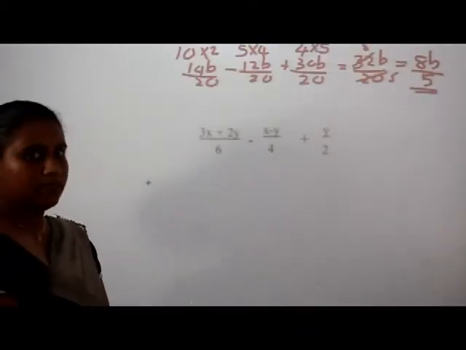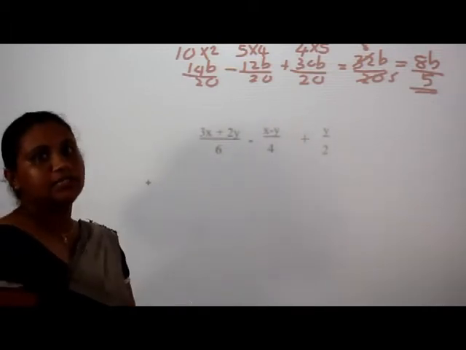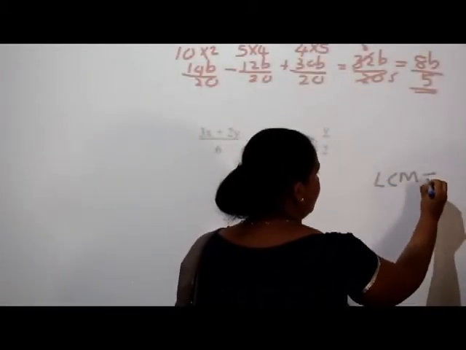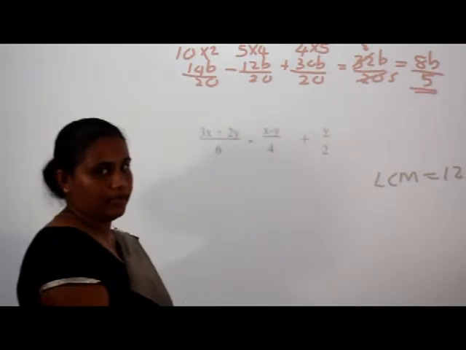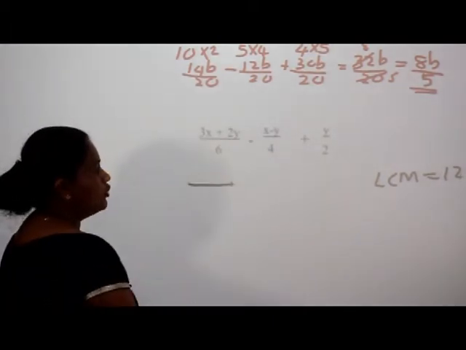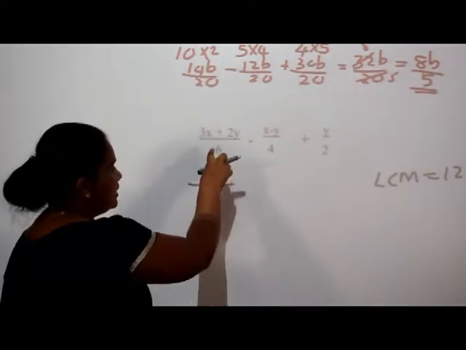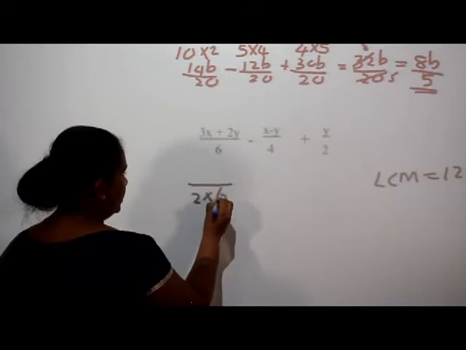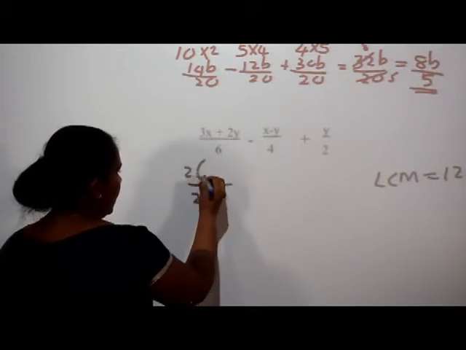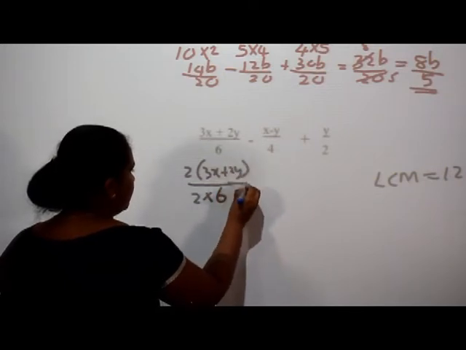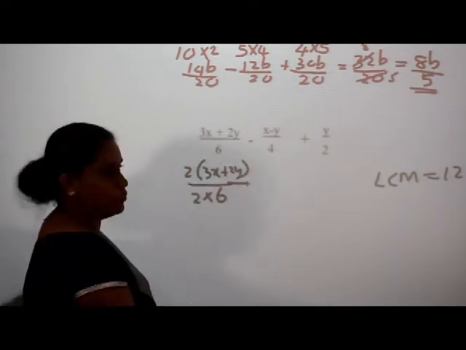In this question, what are the denominators? 6, 4 and 2. So what is the LCM here? It means the common denominator, that is 12. So let's multiply. Here you should convert 6 into 12, so you should multiply both numerator and denominator by 2. I will put brackets here because I should remove the brackets when multiplying by 2.